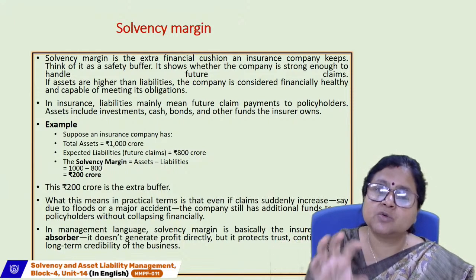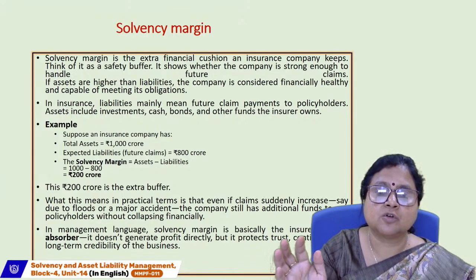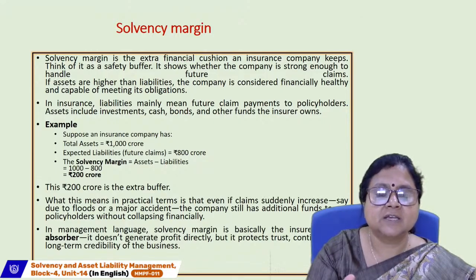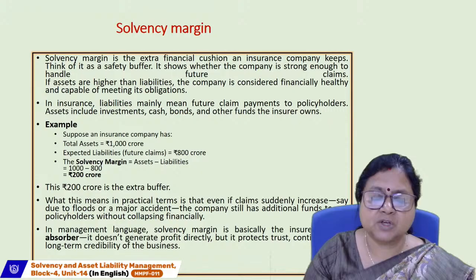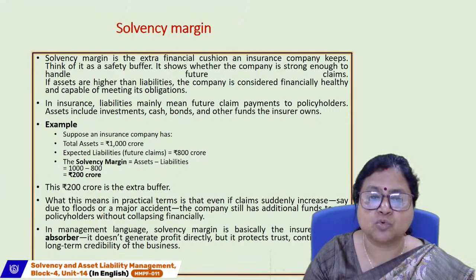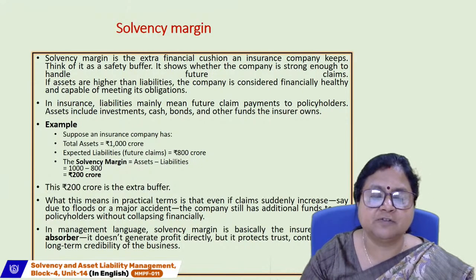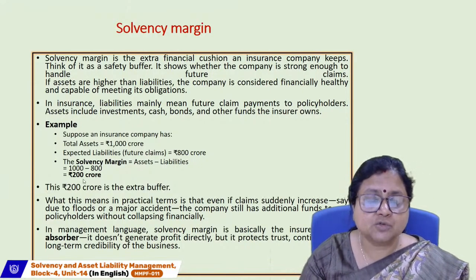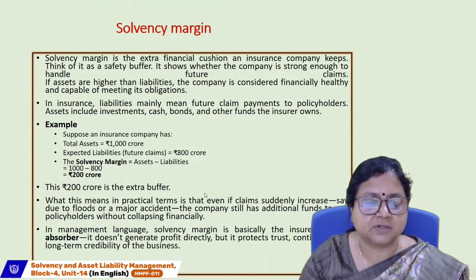If any claims beyond 800 crore come for settlement, they will also be in a position to settle those, because they cannot accurately assess the exact amount of claims they are going to settle in future. So this 200 crore is the solvency margin, and this is an extra buffer.